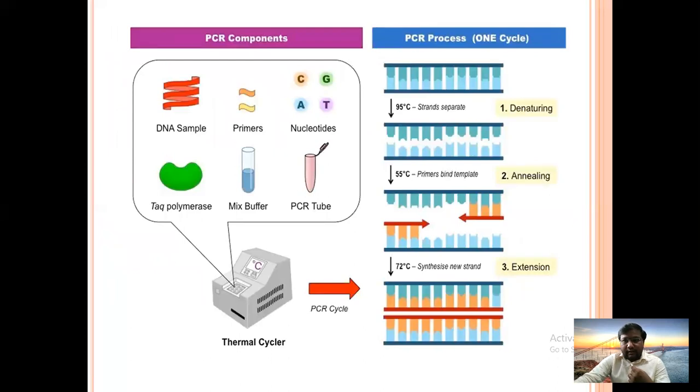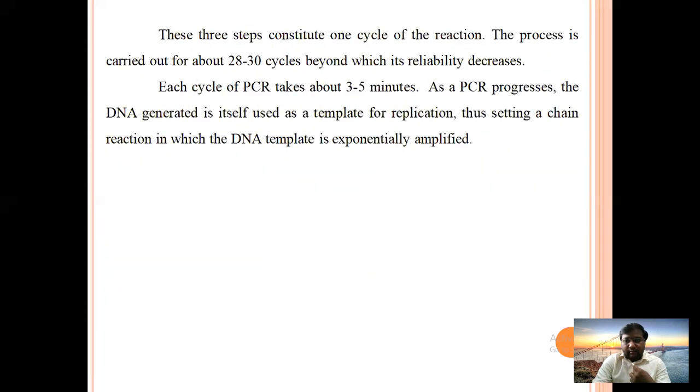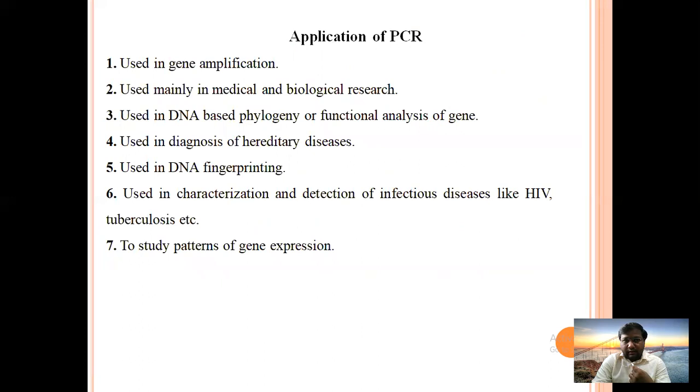Denaturation occurs at 95 degrees Celsius, then annealing at 55 degrees Celsius, and extension at 72 degrees Celsius for 3 to 5 minutes. So within 5 minutes, one cycle is completed, and billions of copies are formed from a number of cycles. And this is the application of PCR.